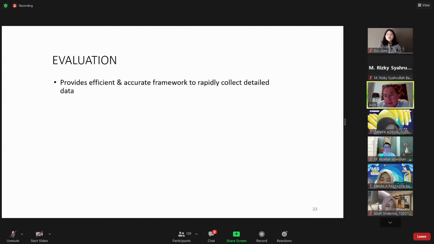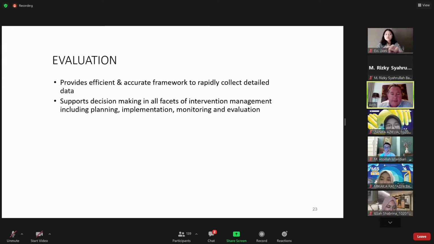So we've done some evaluation of the spatial decision support systems, and we've found that they provide an efficient and accurate framework to rapidly collect detailed information. They were found to be helpful in supporting decision making with respect to intervention planning, implementation, monitoring, and evaluation.